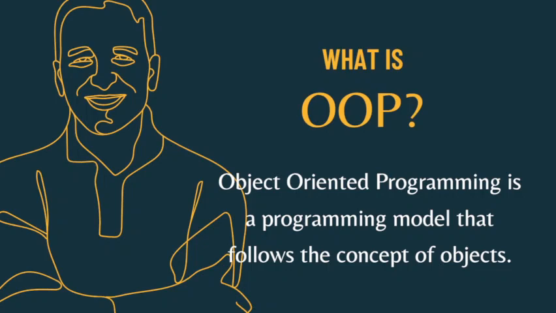Procedural programming is a concept, object oriented programming is also a concept. But when it comes to object oriented programming, we follow the concept of objects, and when it comes to procedural programming, we follow the idea of functions or the idea of steps.